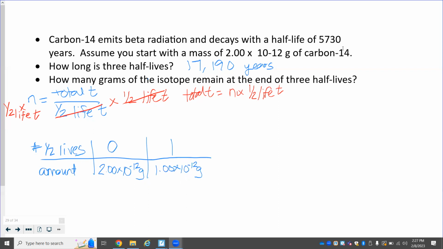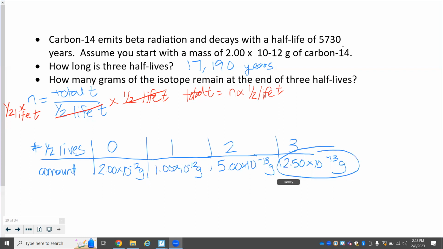Divide that by 2 again, so go through a second half-life. We have 5.0 times 10⁻¹³ grams. And then that divides in half again to be 2.5 times 10⁻¹³ grams. So that's how much we have left after 3 half-lives.